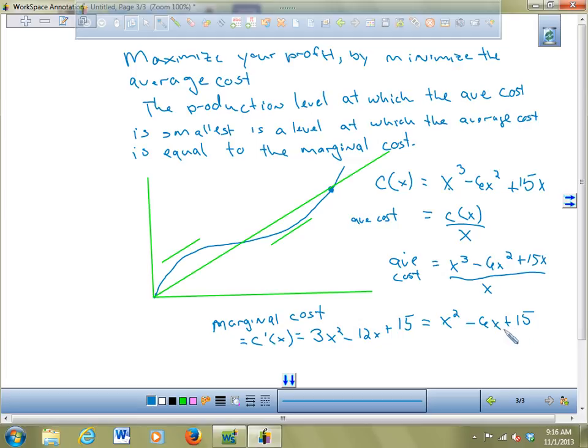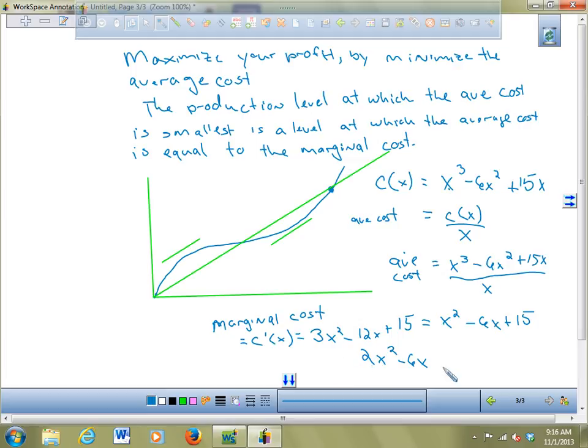All right? And so we can do that, right? Make sure I do this right. Bring this over here, I get 2x squared minus 12x plus 6x makes minus 6x, and the 15s go away, right?